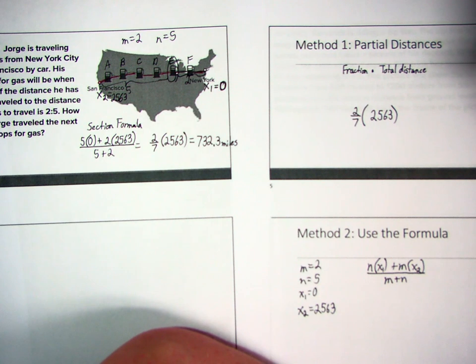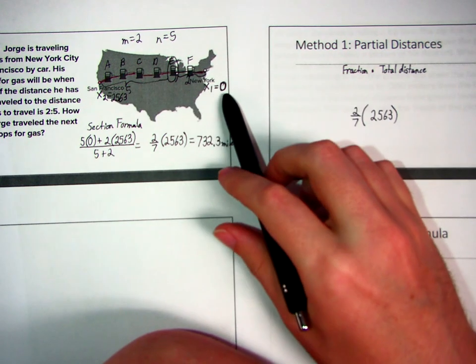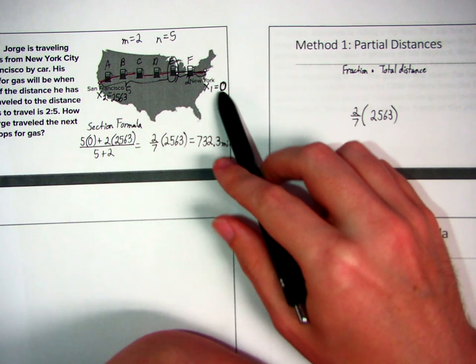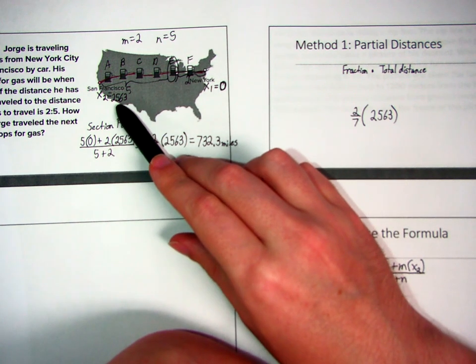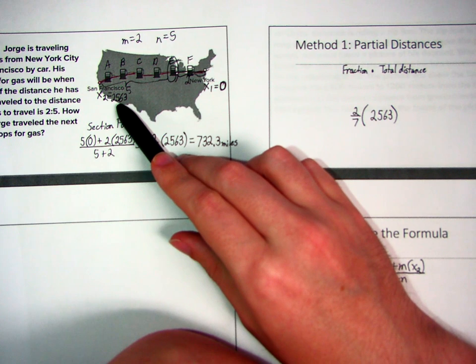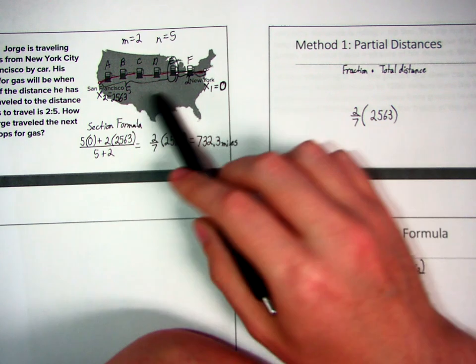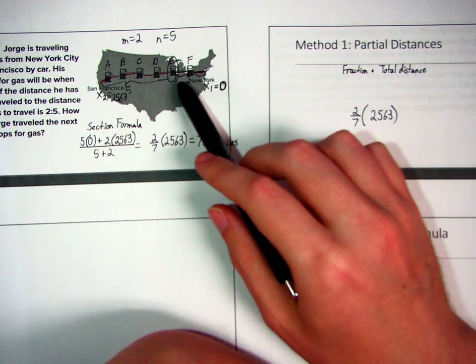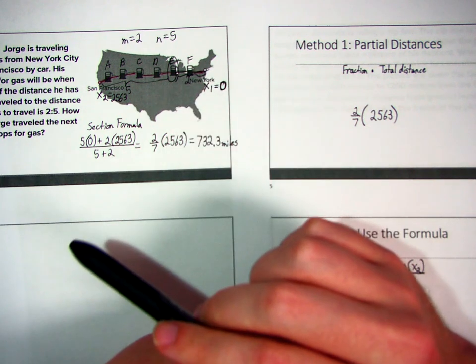But if we just dealt with that, it's important to know where we're starting. Say we didn't reset our odometer, we might see that x1 was 100 and that San Francisco was 2,663. We'd want to know what our odometer would read when we need to stop for gas.